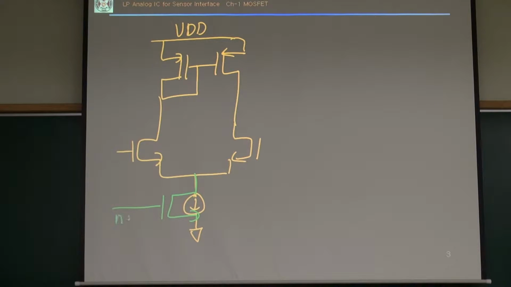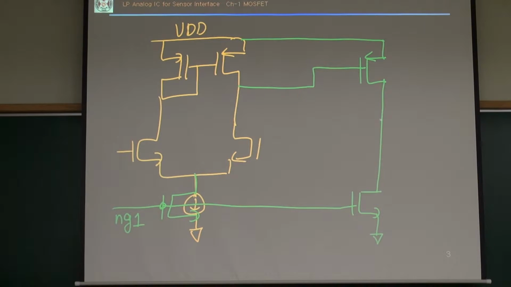For example, this is NG1. Then I have a second stage here, which is a PMOS transistor and an NMOS transistor. This one is connected to there, so this one is connected to there. This is my output.